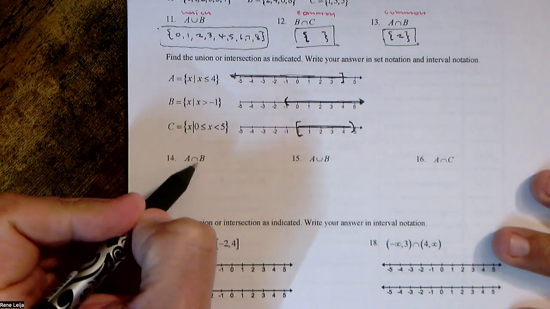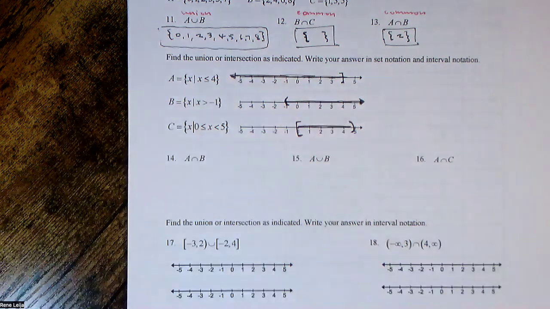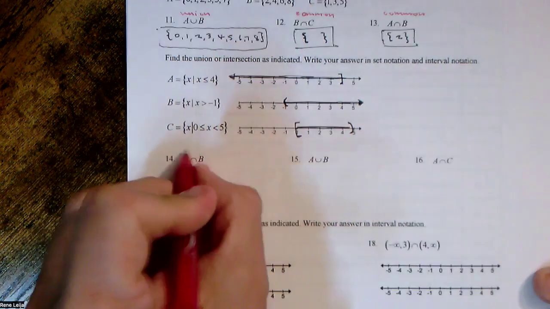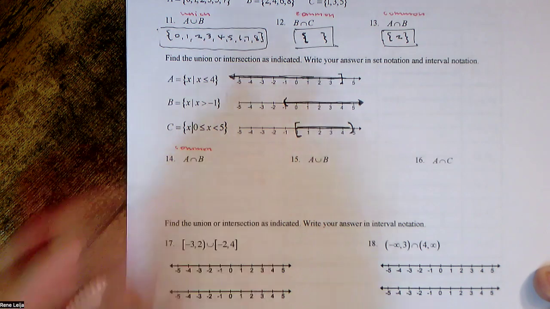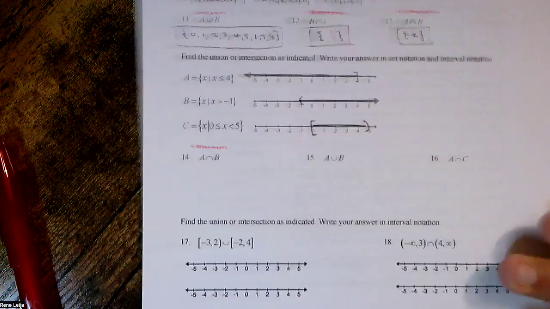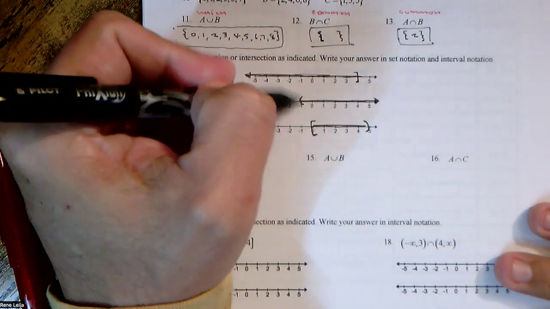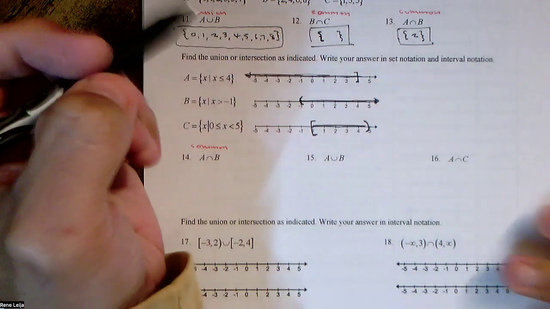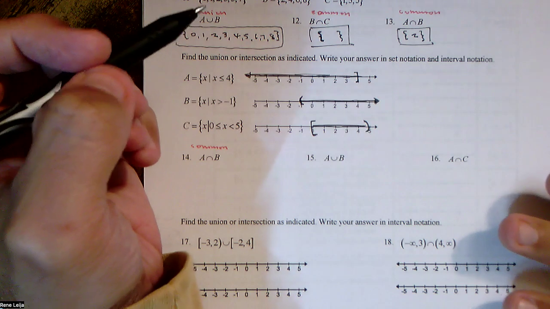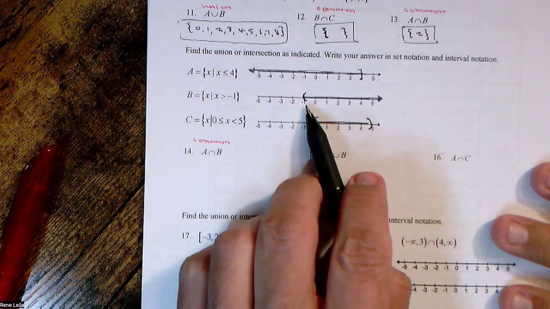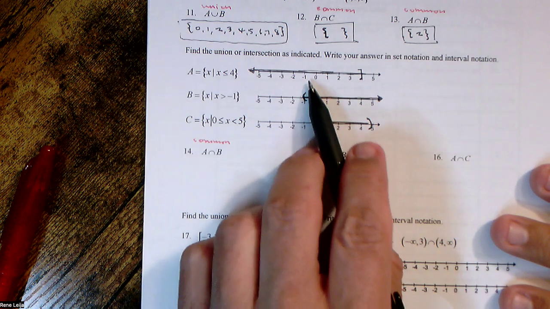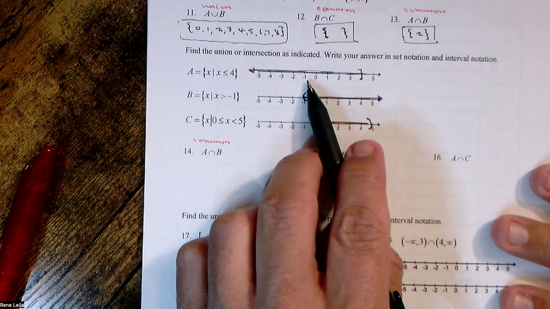Okay, A intersect B. So this means I want what is common from set A and set B. So if we look at A and B, now B is open. That doesn't include negative 1, but A does include negative 1.